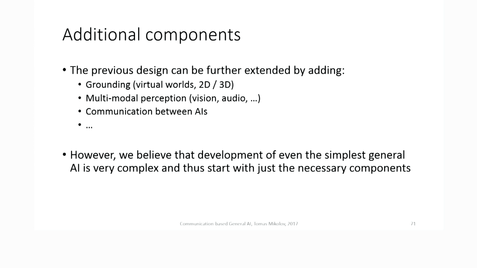Also, people are thinking of adding multimodal perception and communication between AIs, but all these ideas are great to have in the concept, but we do not really need to start with them. So just for the beginning, we can just consider the communication between a human teacher and the AI that's trying to learn from the communication, and that's already complicated enough.